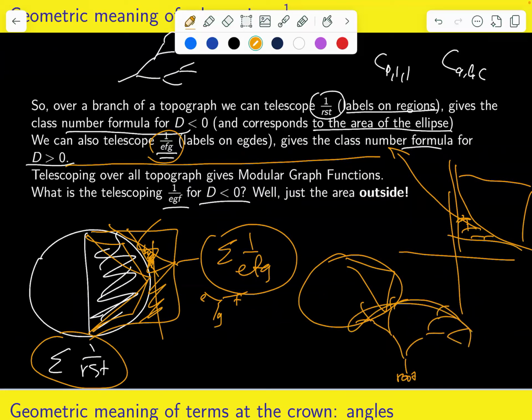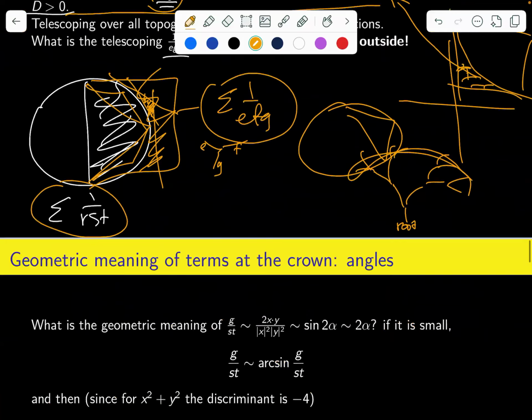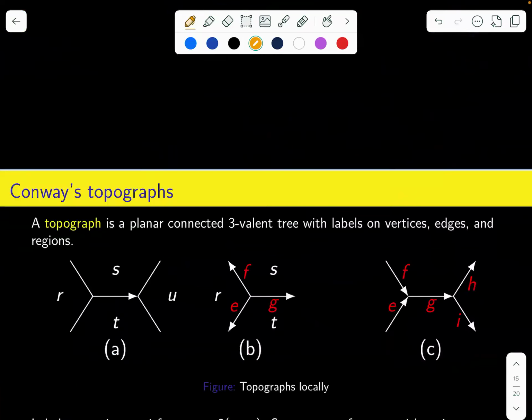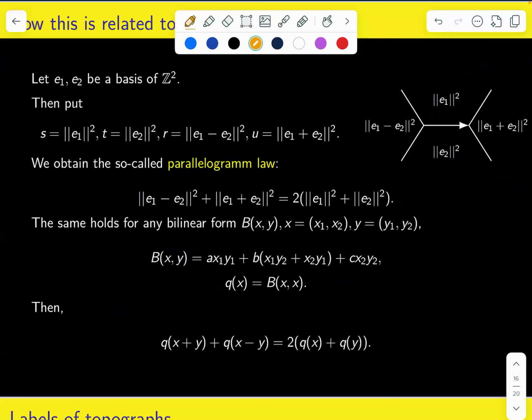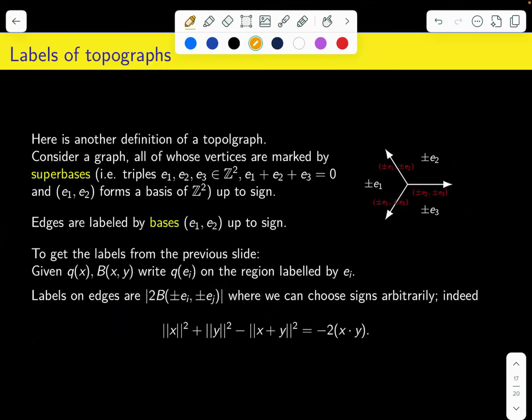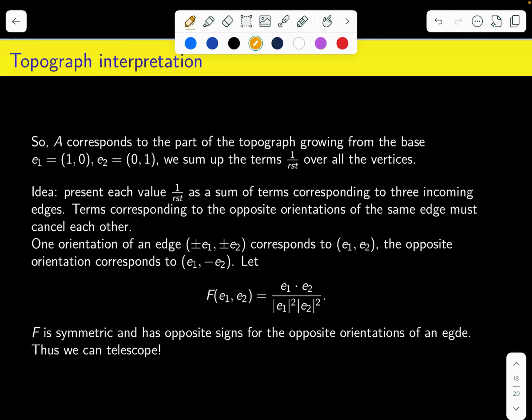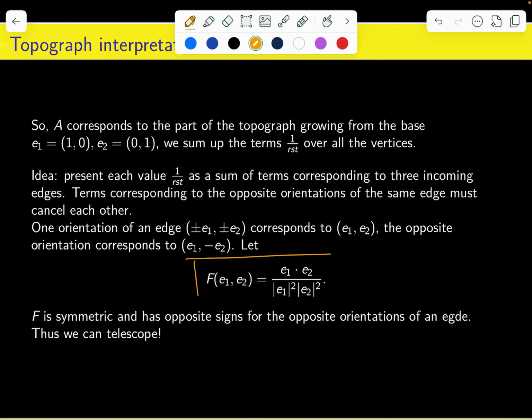As we saw in the simplest case that we had in the very beginning of the lectures, we just telescope this kind of function, which just measures the angle in your sector. Actually, the same happens for every quadratic form.